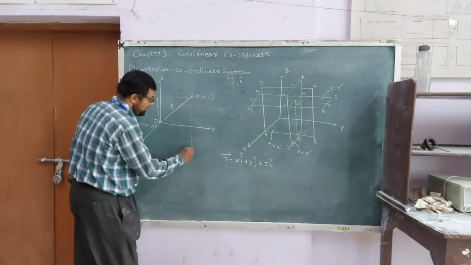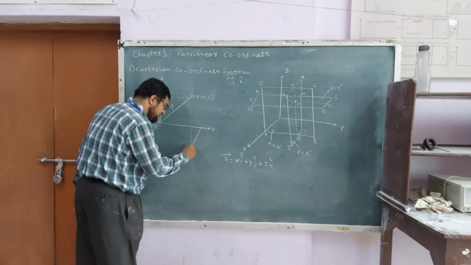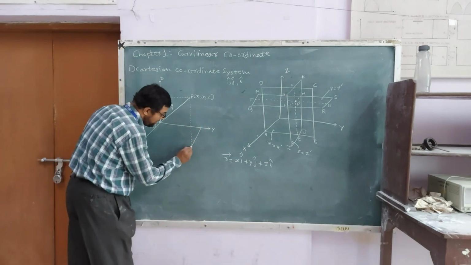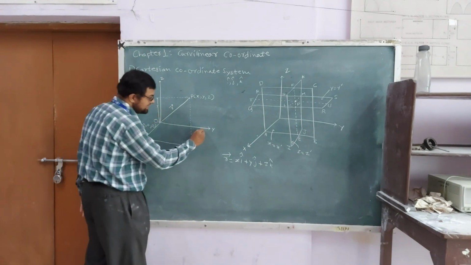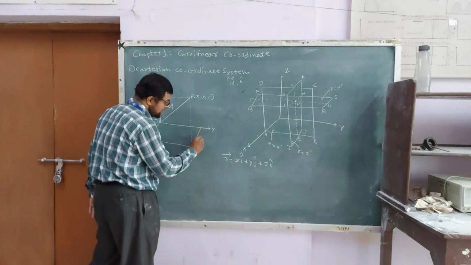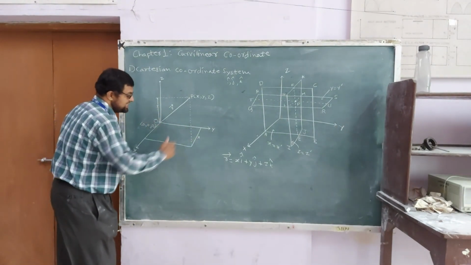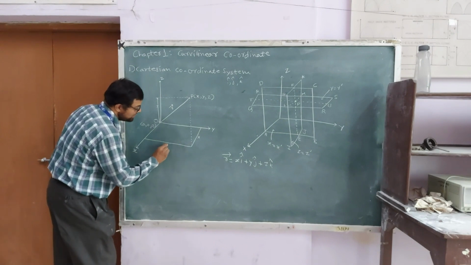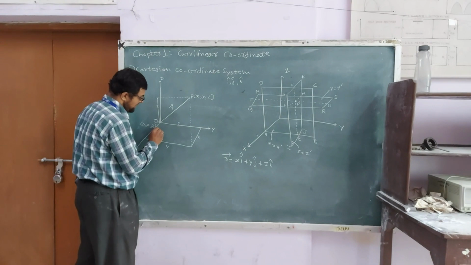And again from this perpendicular, I will draw a perpendicular on the y axis as well as on the x axis. Then this distance will give us the x coordinate, and this distance will give us what? The y coordinate. So this is our y coordinate and this is our x coordinate.